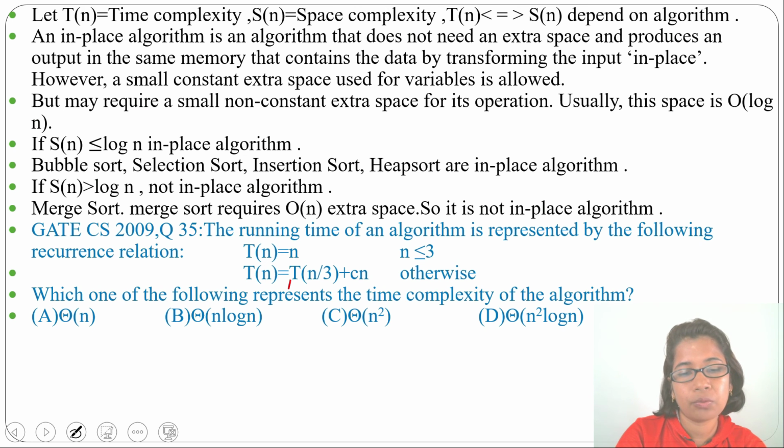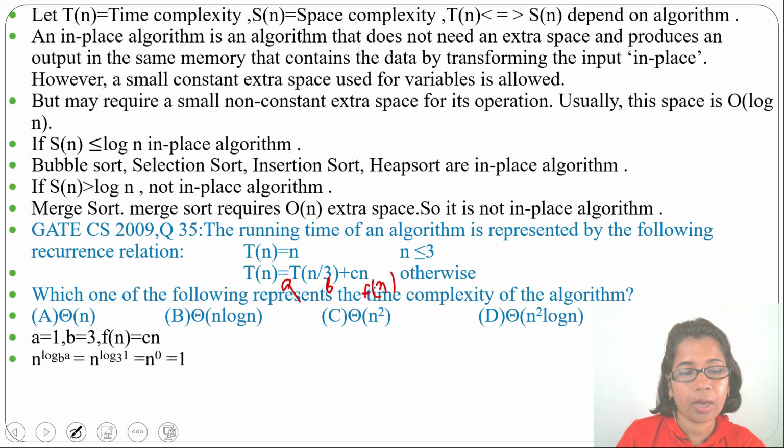Here a value is 1 and b value is 3 and f of n equals C of n. Now we have a, b and the function. Next we need to find n power log a base b. So n power log 1 base 3 will be 0, since 3 power 0 is 1. So n power 0 will be 1.